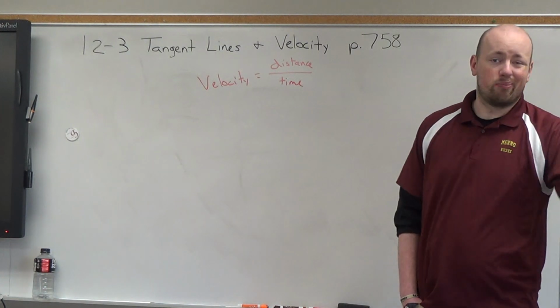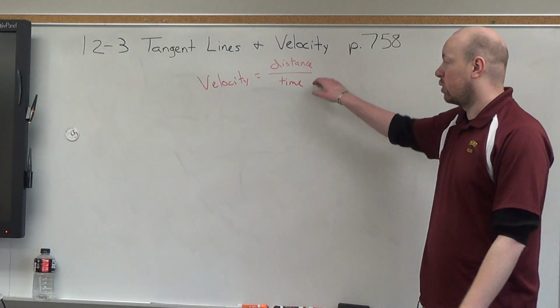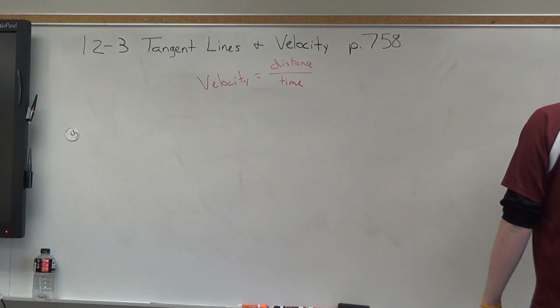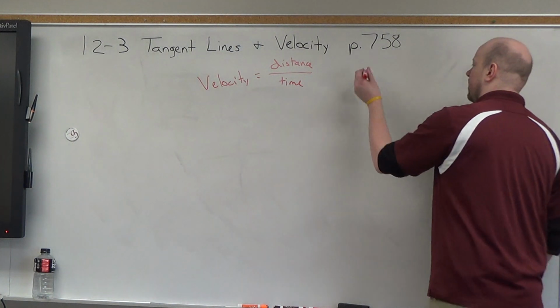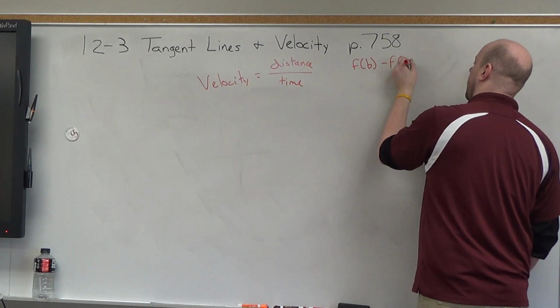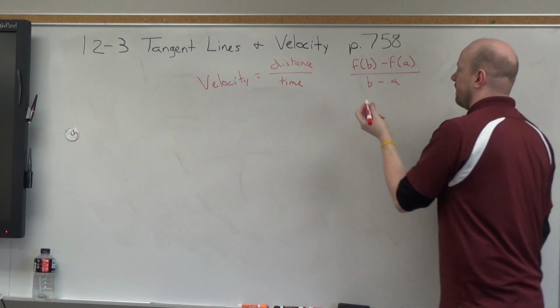So 60 miles per hour, I would go 60 miles in an hour, my distance over my time. So essentially what that boils down to is f of b minus f of a all over b minus a as my slope.